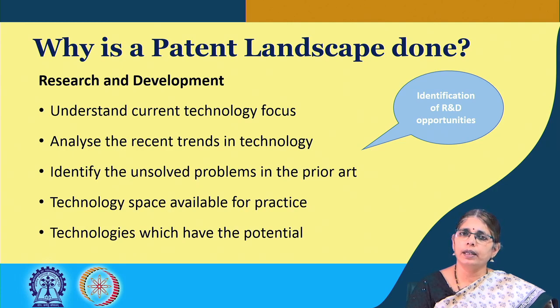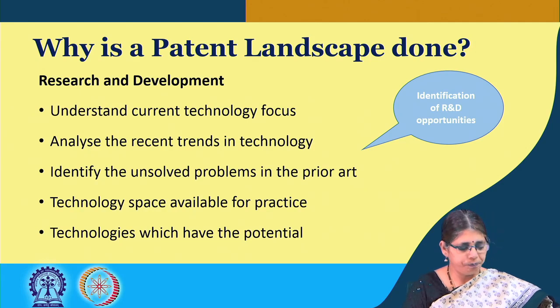So again, when one looks at this entire set of clusters which are organized in a patent landscape, it also provides you an opportunity to assess which are the technologies which are not yet worked and where there is space available for R&D. So to an R&D unit, it provides opportunity in terms of future research.